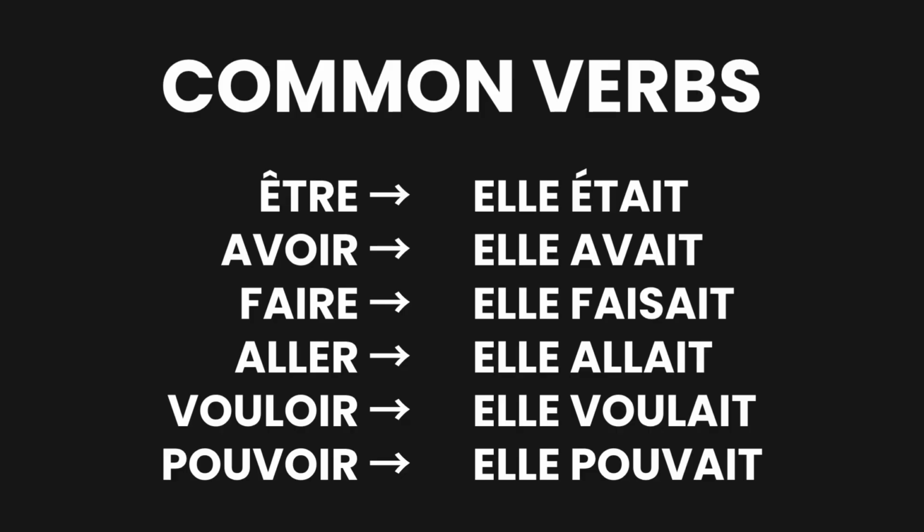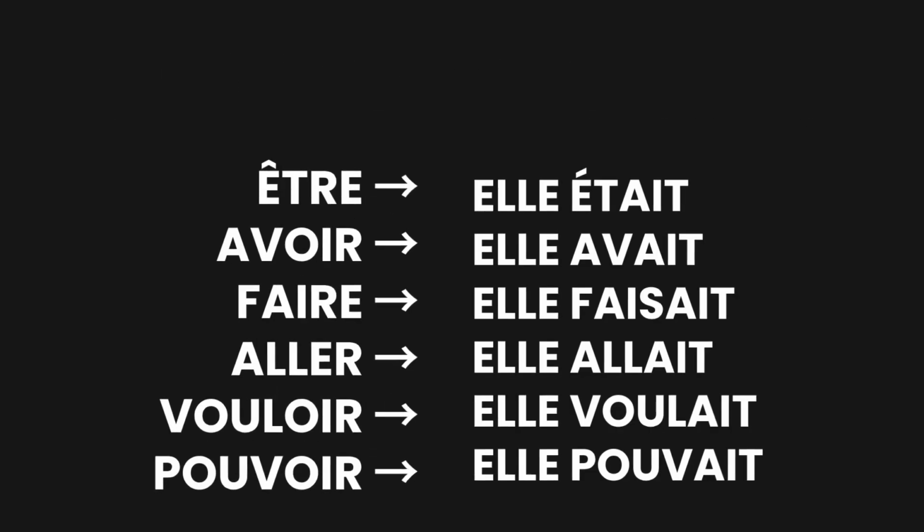Aller, allait. Vouloir, voulait. Pouvoir, pouvait. For example, il faisait froid, it was cold. Nous avions un chien, we had a dog. Elle voulait apprendre le français, she wanted to learn French. Try to become very familiar with these verbs.